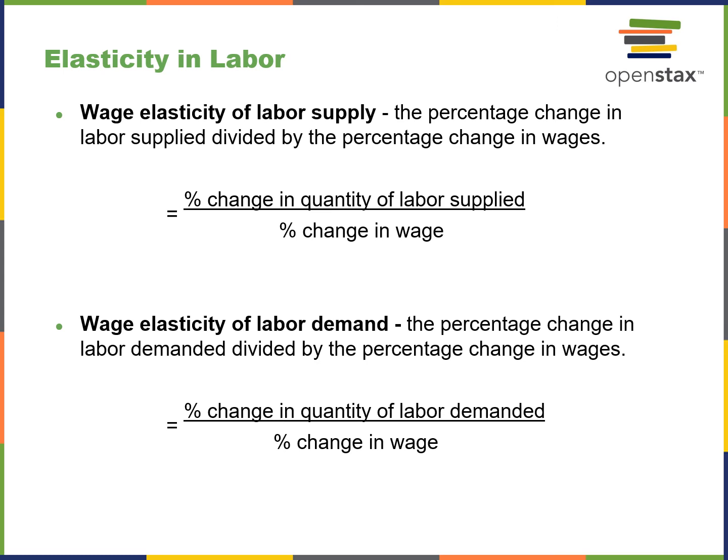So these are once again ratios used as a measurement for the elasticity, and all the rules for elasticity still apply. If it's less than 1, it's very inelastic. If it's more than 1, it's very elastic, and of course unitary is equal to 1.